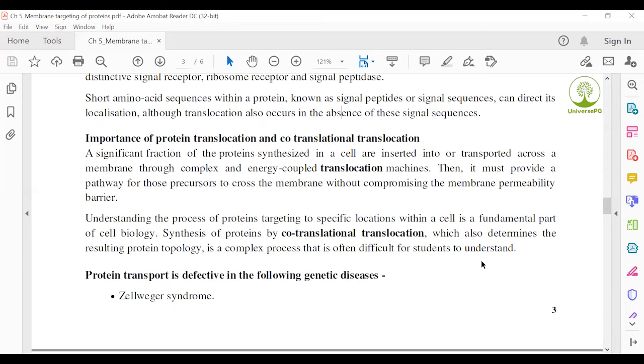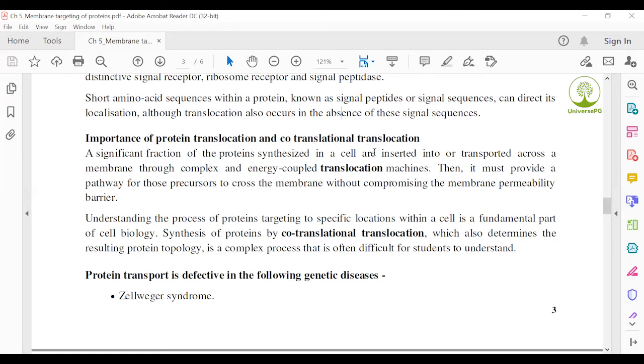The complex, energy-coupled translocation machine must provide a pathway for those precursors to cross the membrane without compromising the membrane permeability barrier. That is the main importance or function of protein translocation.